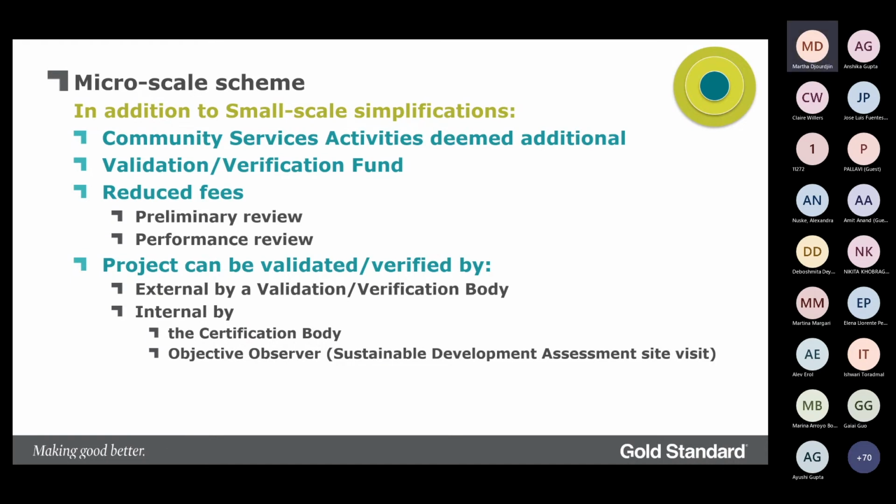At certain circumstances and at certain points of the certification cycle, there might need to be a visit by an objective observer. That objective observer is not an auditor per se, but is someone that is local and that can basically check whether the sustainability outcomes and the safeguarding principles assessment are reasonable for this project. So it's a simplified type of validation and verification that is offered by the certification body.